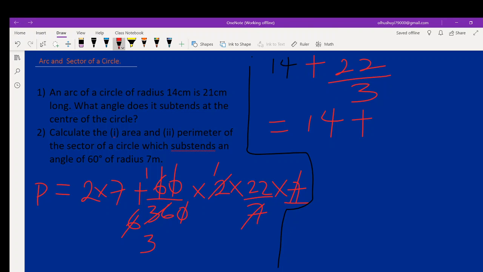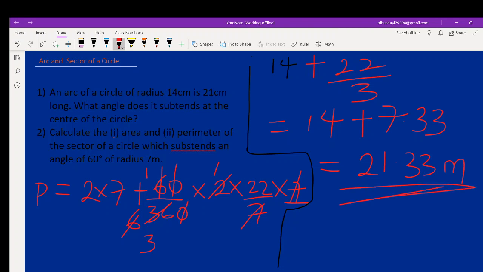We have 7.33. And 14 plus 7.33 should be 21.33 meters. That is our perimeter. The perimeter of the sector is 21.33 meters.